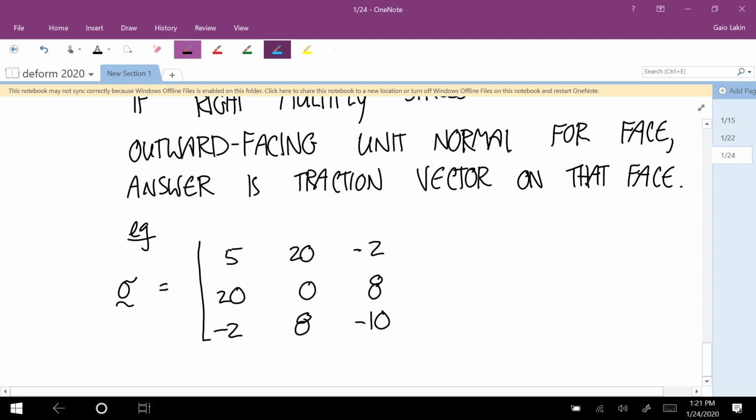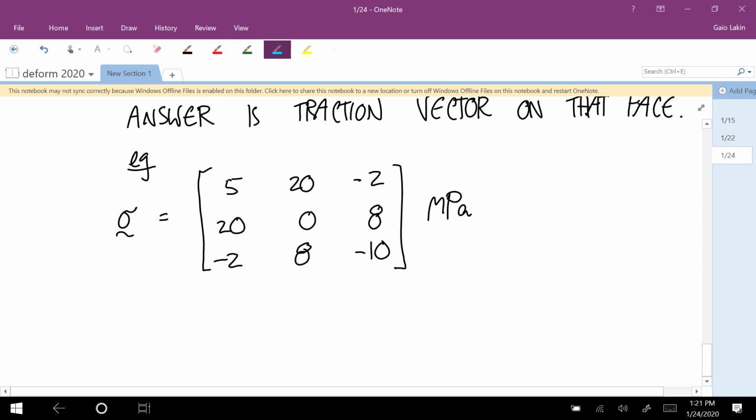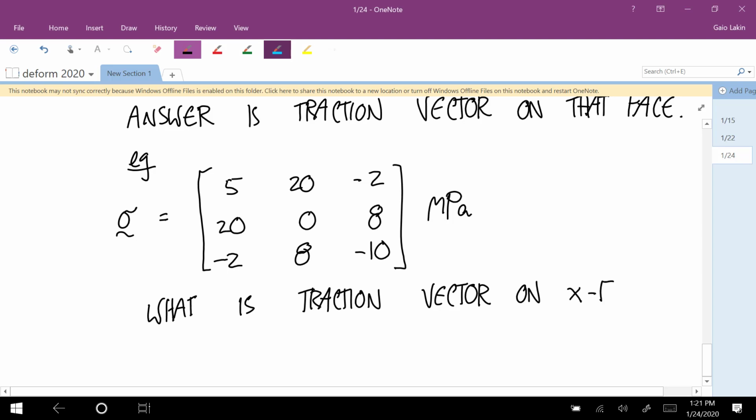It doesn't matter for this what the units are. Let's say it's megapascals. What is the traction vector on the x face?